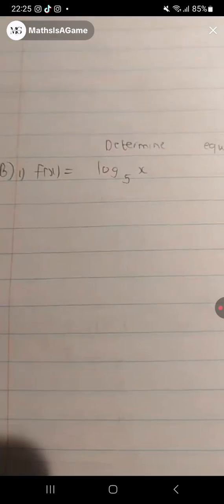F of x is equal to log x base 5. Step number one is that f of x, which is here, what do we need to do with f of x, guys? Yes, 5 is the base.